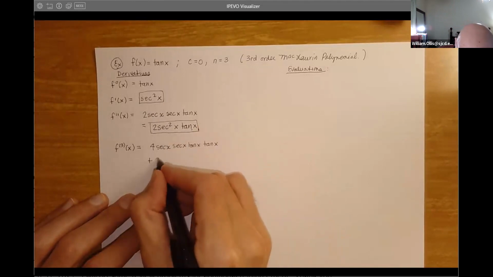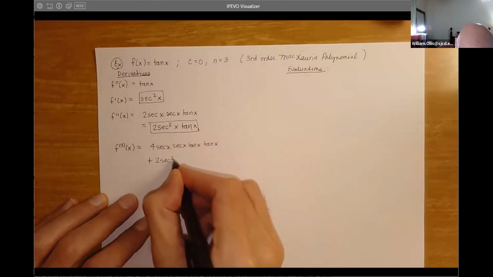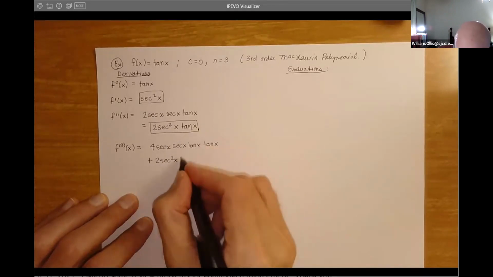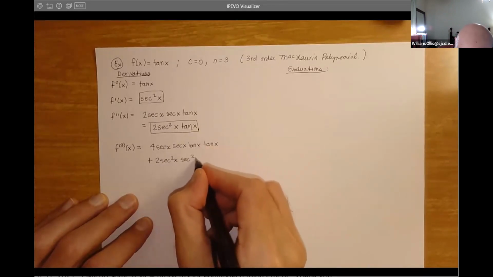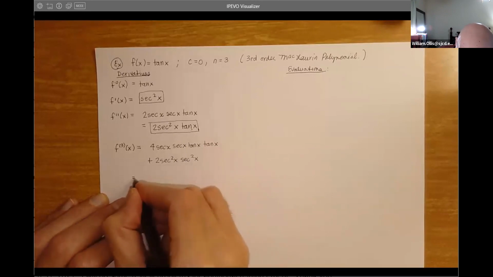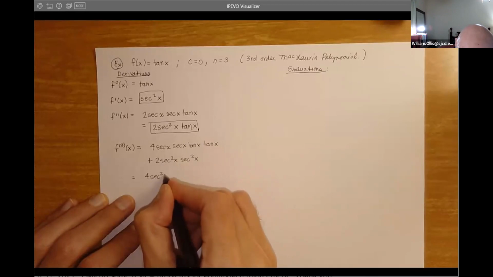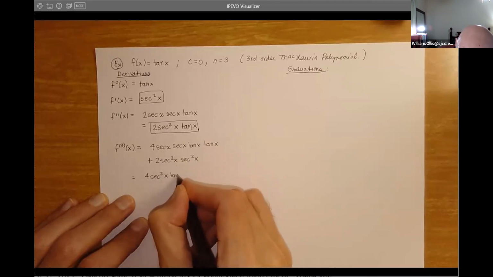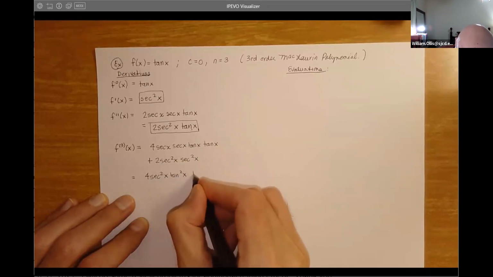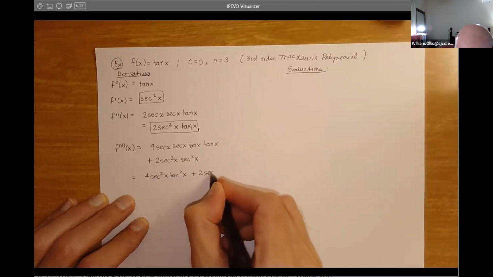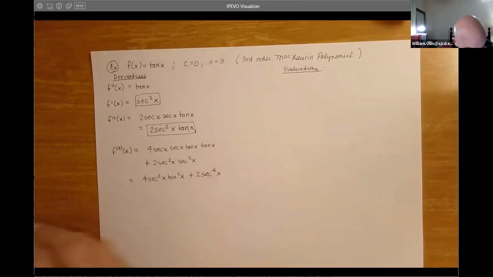So this will be plus 2 secant squared, and then the derivative of tangent is secant squared. So let's simplify everything. So that'll give us 4 secant squared tangent squared plus 2 secant to the 4th.